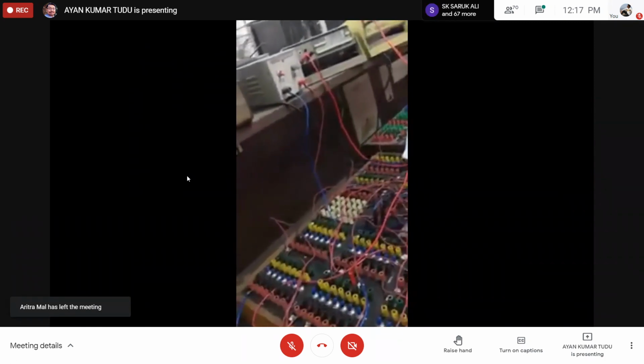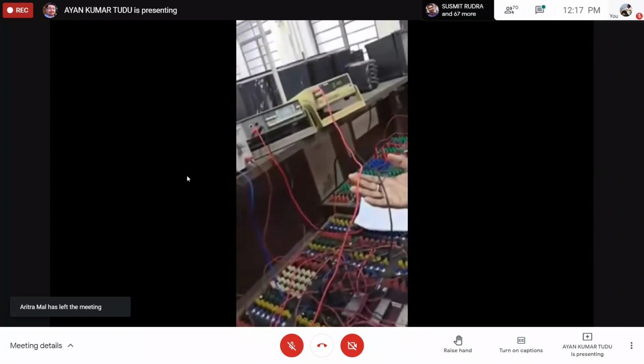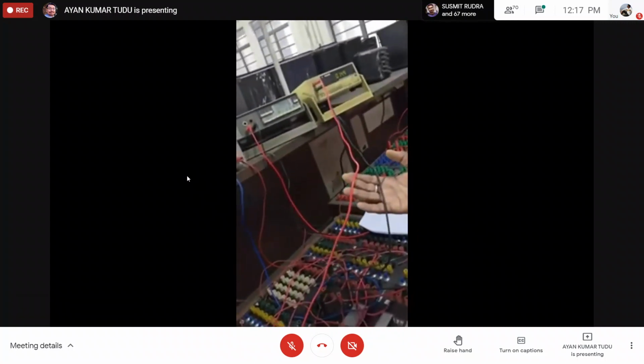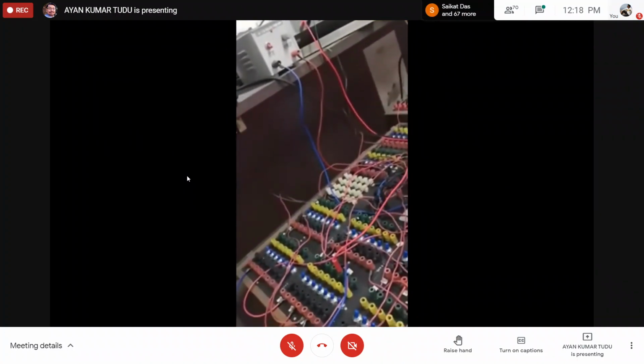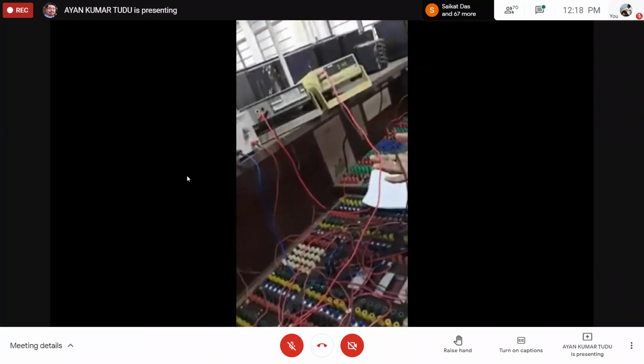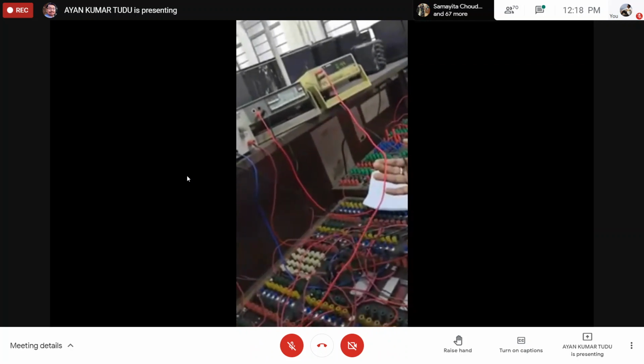Now this is the voltage drop for VPQ, the voltage drop for VPQ.